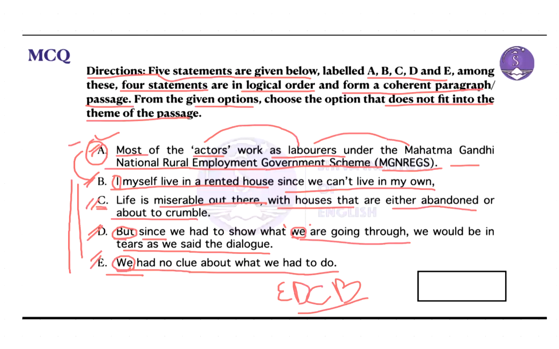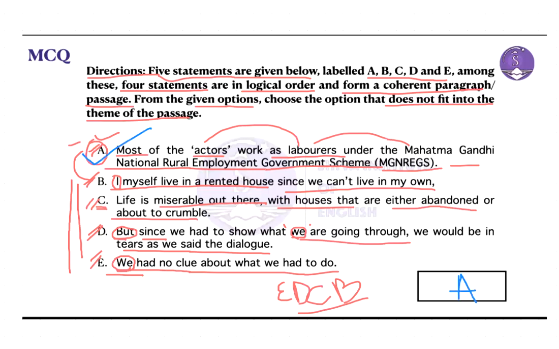It is stated in option A: most of the actors work as laborers under the Mahatma Gandhi National Rural Employment Government Scheme. Therefore, the answer to this particular question will be option A, which is the odd one out.